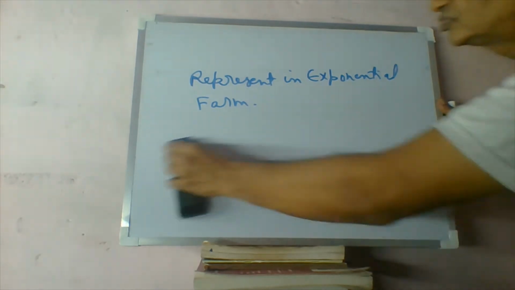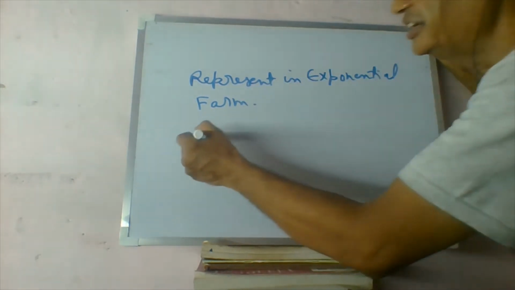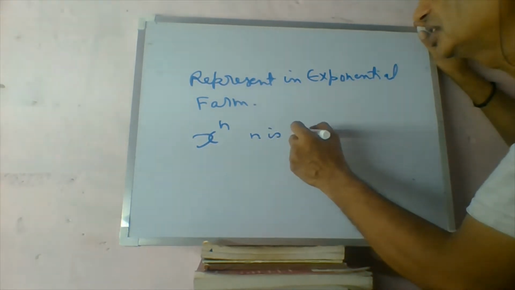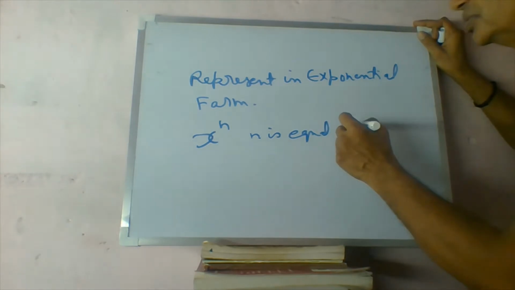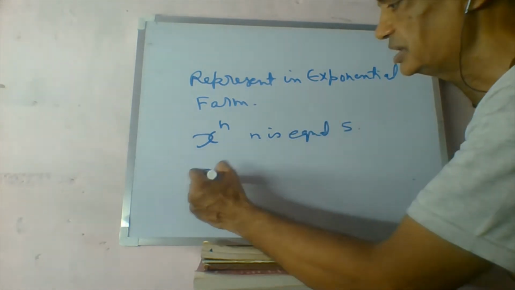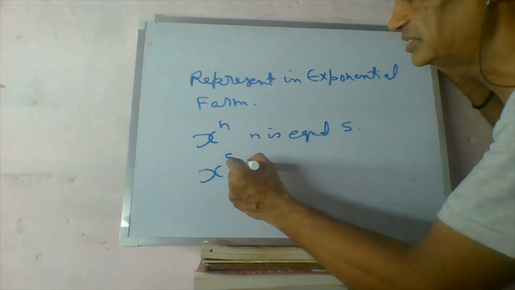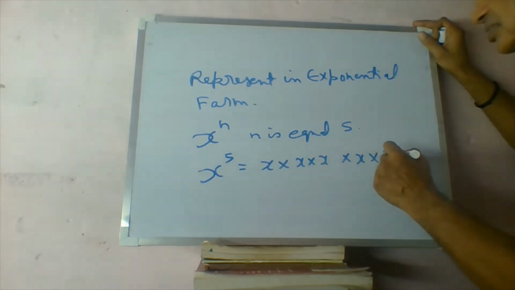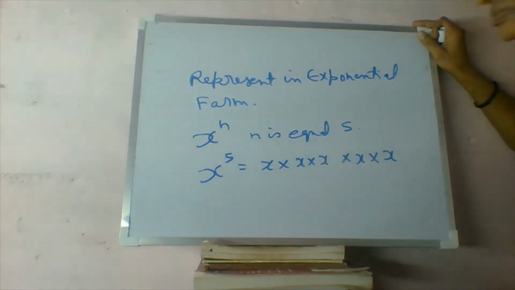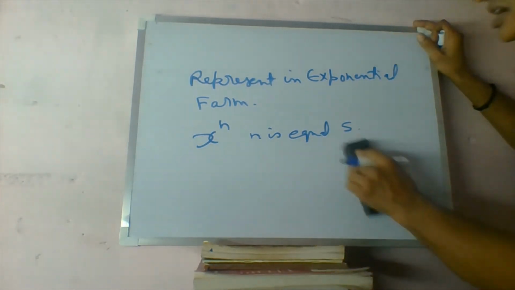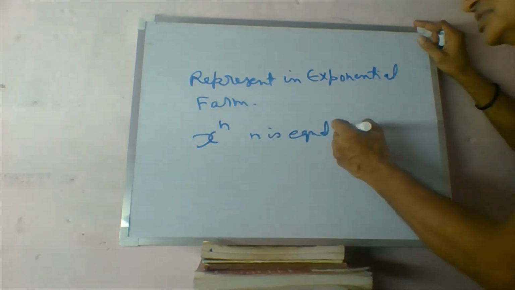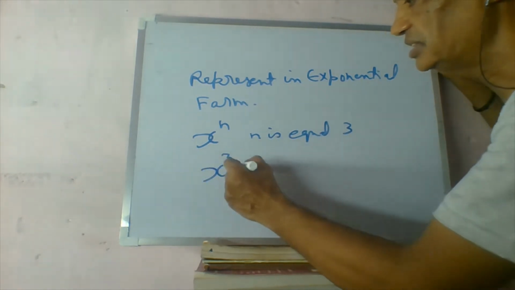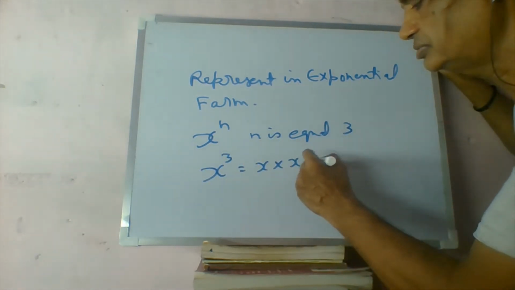So in case n is equal to 5, then x raised to power 5 is equal to x into x into x into x into x. If n is equal to, let us say, 3, then it will be x raised to power 3, that is x into x into x.